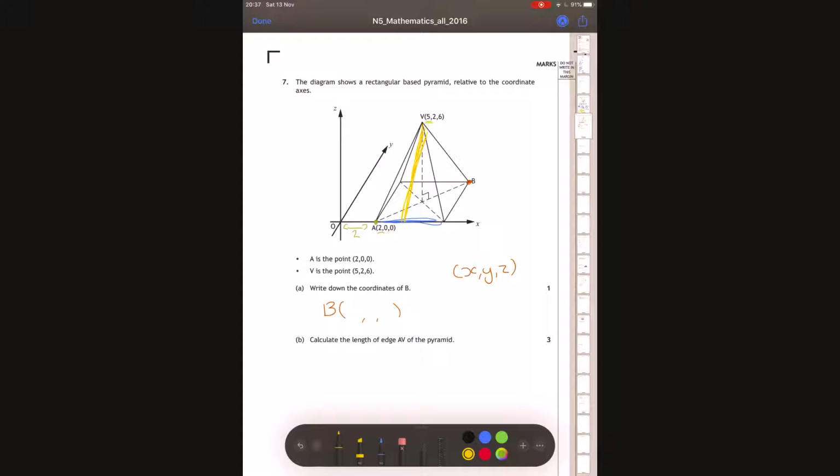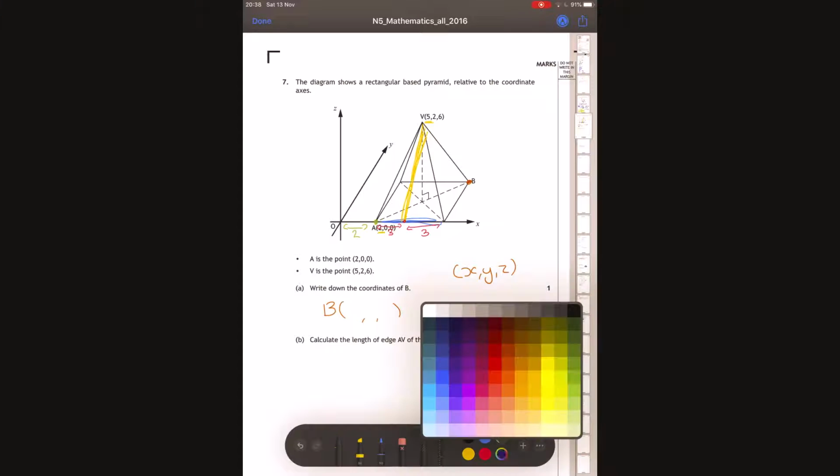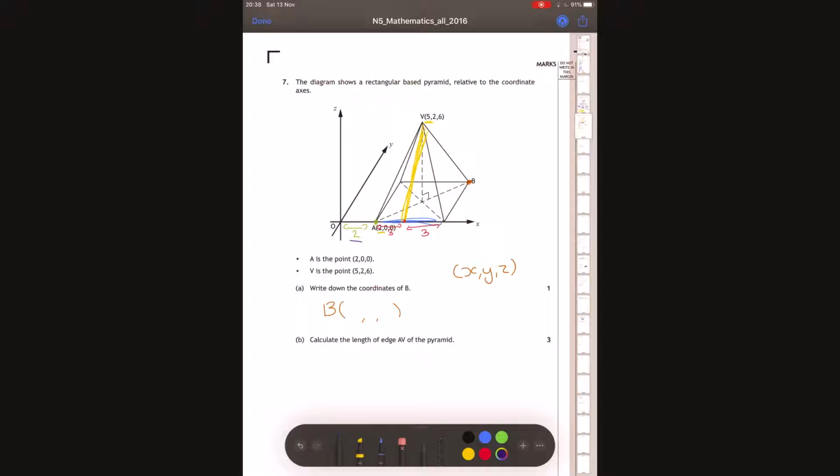V is 5 and A is 2, and V is in the middle of this blue line, which means that the distance from A to the midpoint is 3, so this is also 3. Adding all of these numbers together, 2 add 3 add 3 gives us 8. So it is 8 along the x-axis.